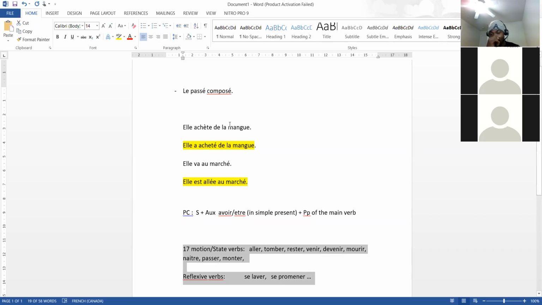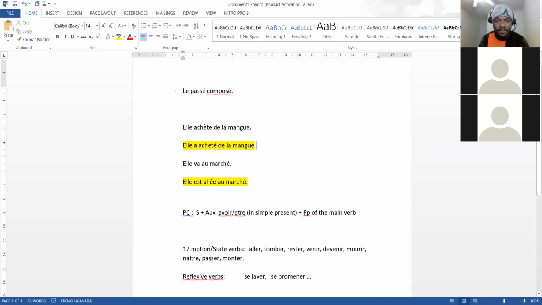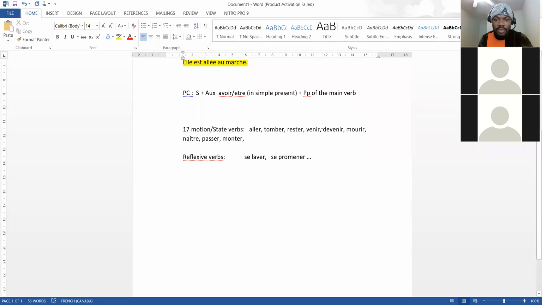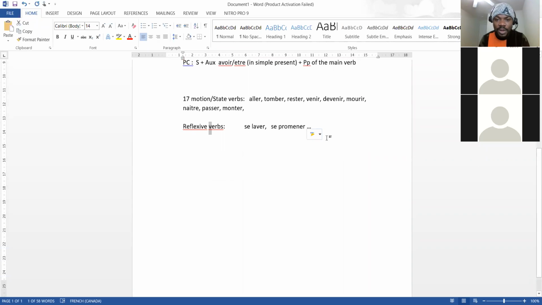So now let's get back to our examples. Elle achète de la mangue becomes elle a acheté de la mangue. So if you look here, except if you have forgotten how to use avoir in simple present. It's one of the first verbs you learn in French.